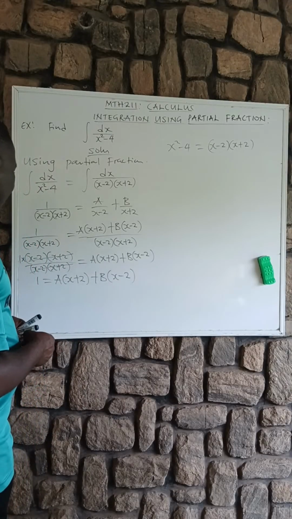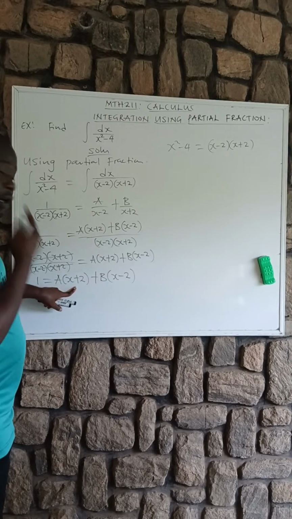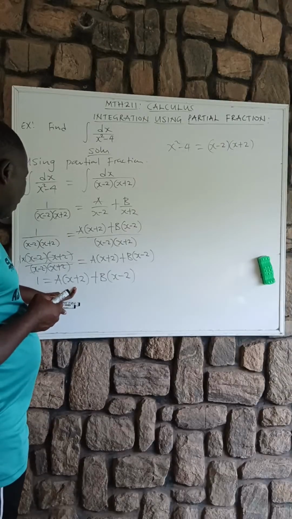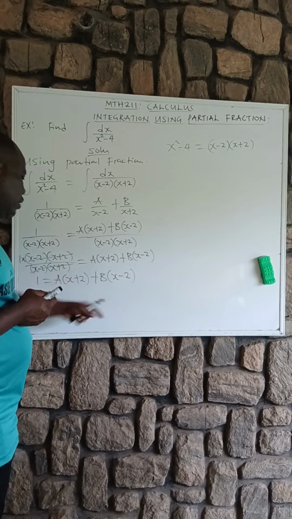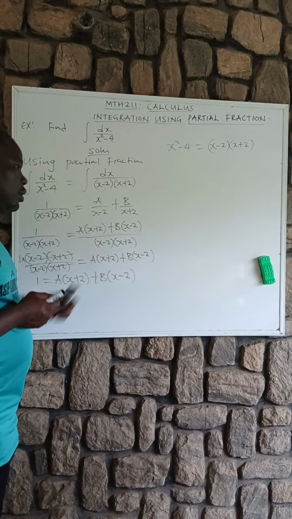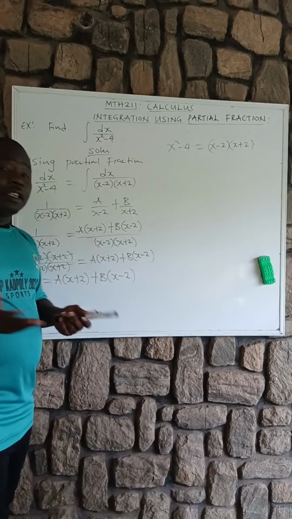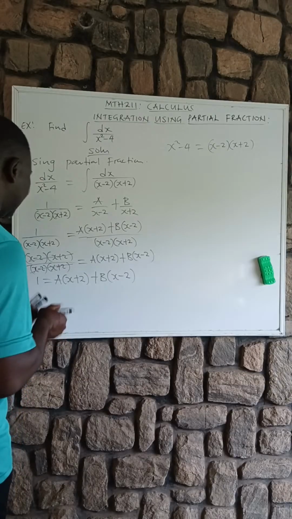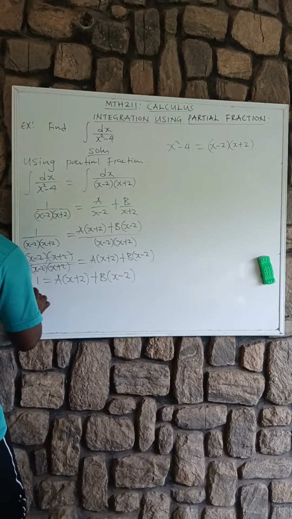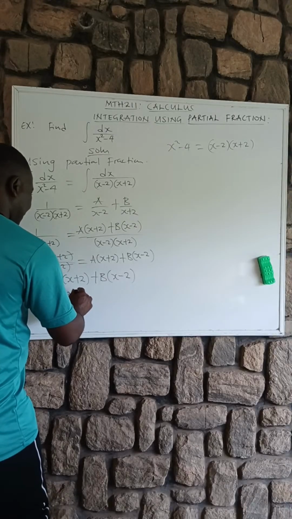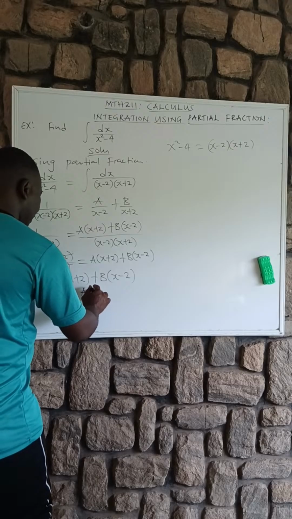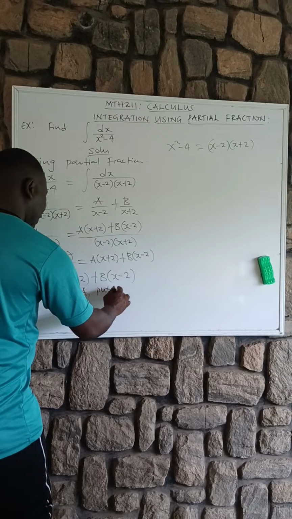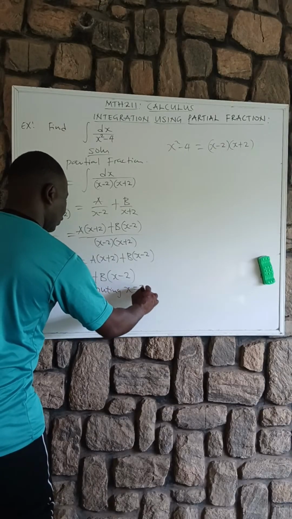So if you agree with me, how can we obtain A? If we want to obtain A or B, look at this bracket. How can we eliminate A or B? The easiest way, if we want to obtain A, is putting x equals 2.